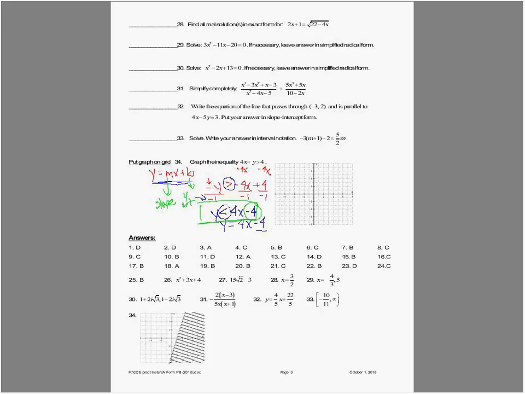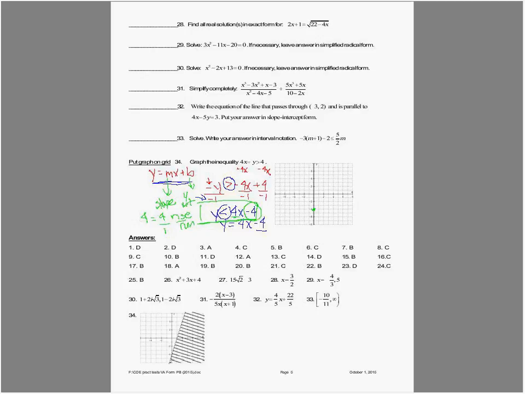So we're going to go on the y-axis to negative 4. That point is definitely on our graph. It's our y-intercept. Then we use our slope, which is 4. So 4 in fraction form is the same as 4 over 1. And our slope is rise over run.